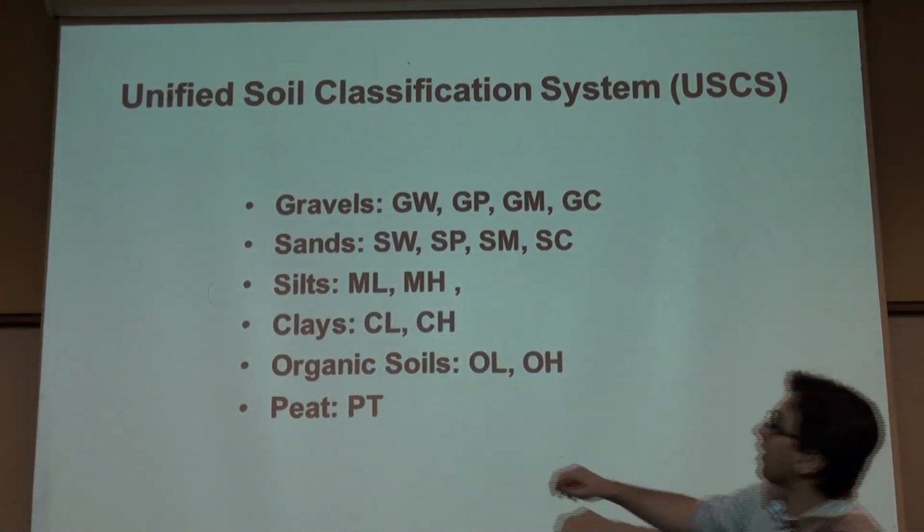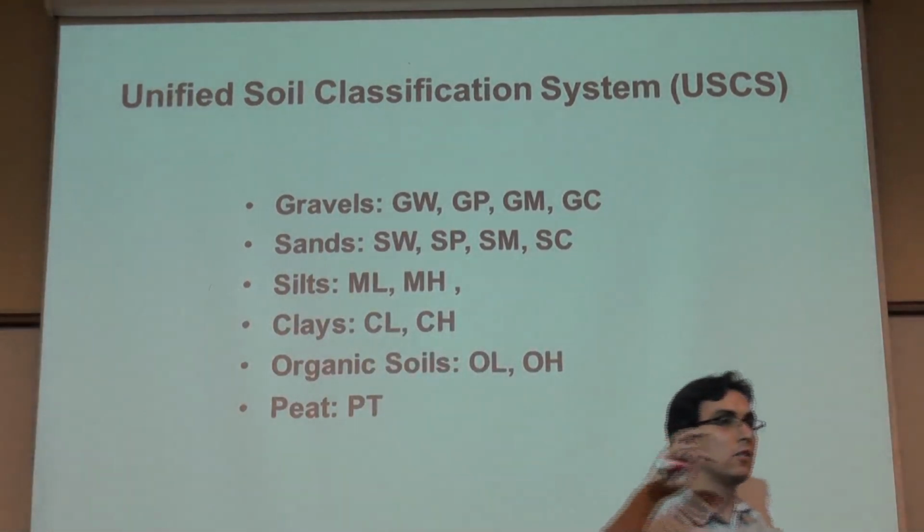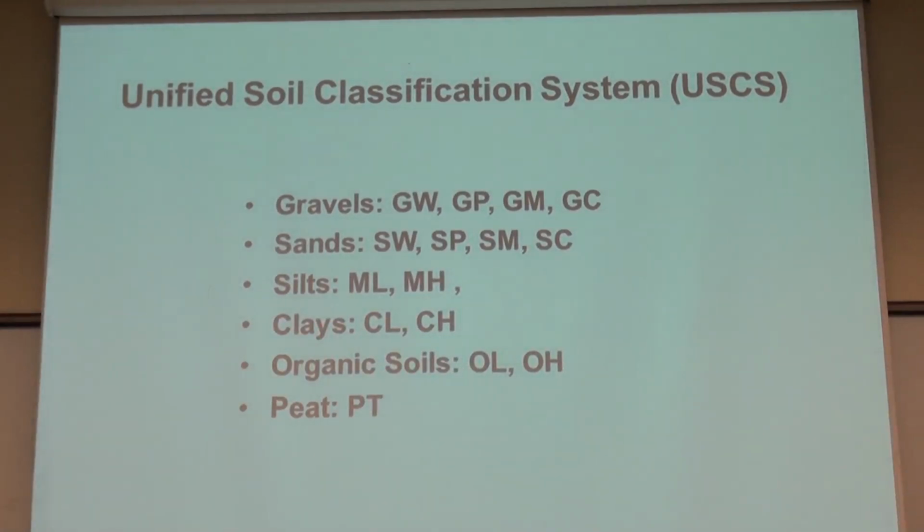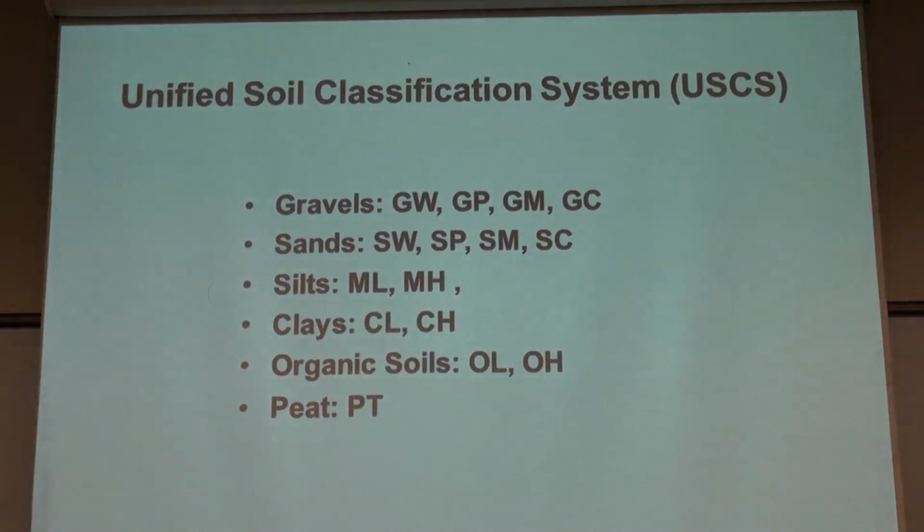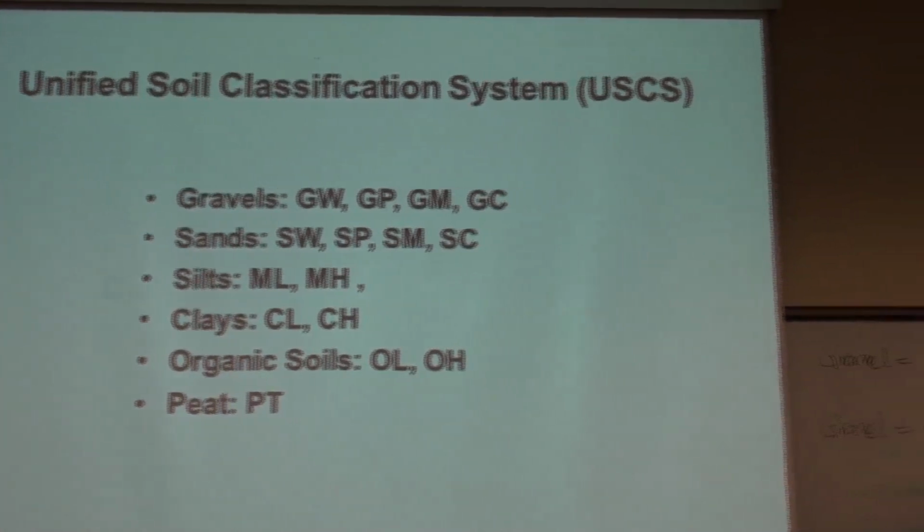It means that you have a clay soil that has low plasticity. We call low plasticity clay lean clay. And if you have high plasticity, we call it fat clay. So low plasticity, we say lean. High plasticity, we say fat.